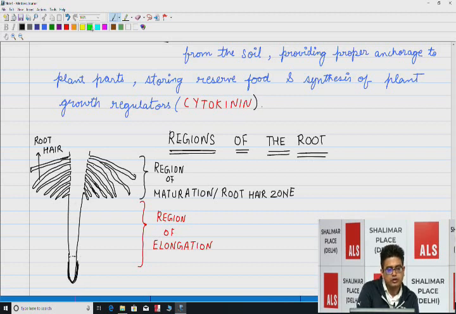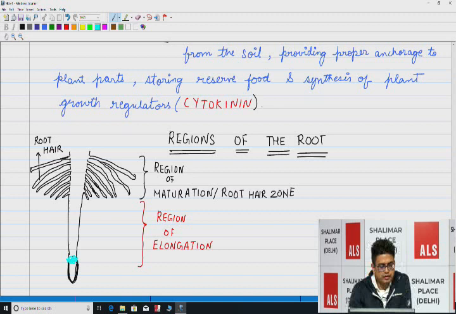I'm drawing it with a different color. Small zone, small area.